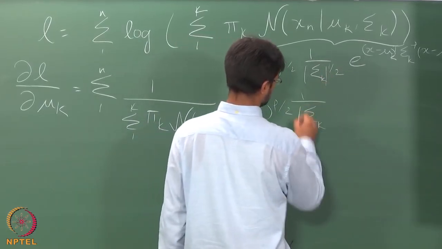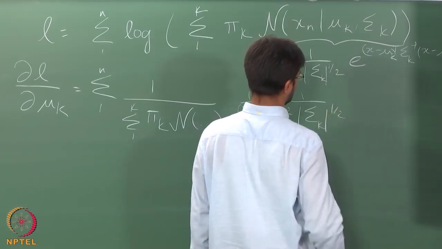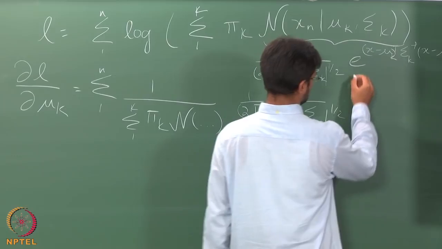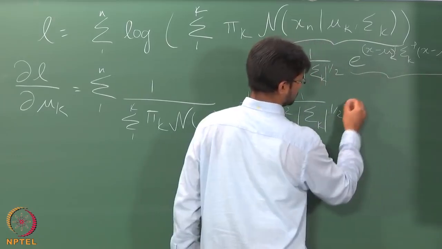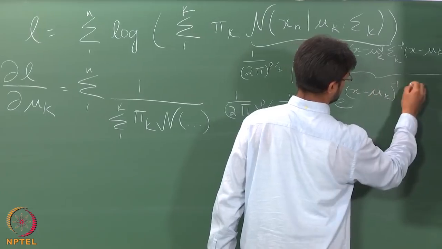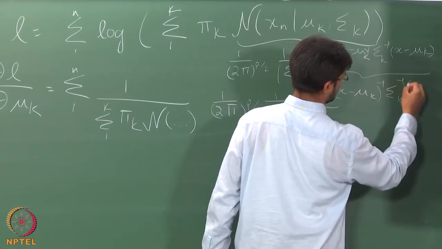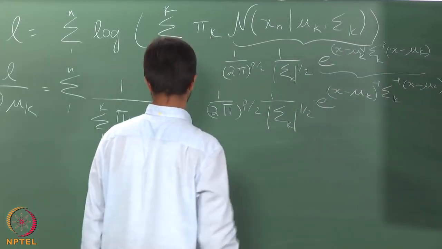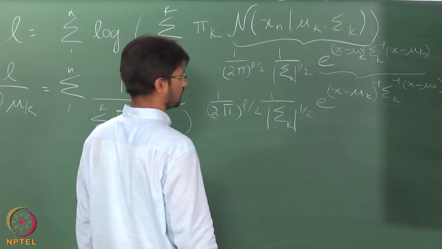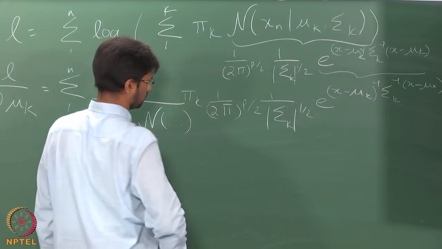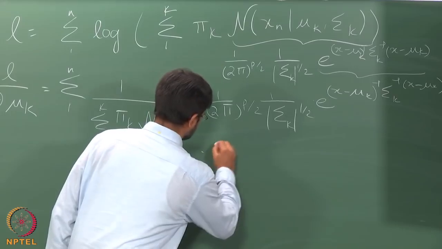Sigma k is a constant here with respect to mu k, and then we need the derivative of this. Derivative of an exponential would just be an exponential.